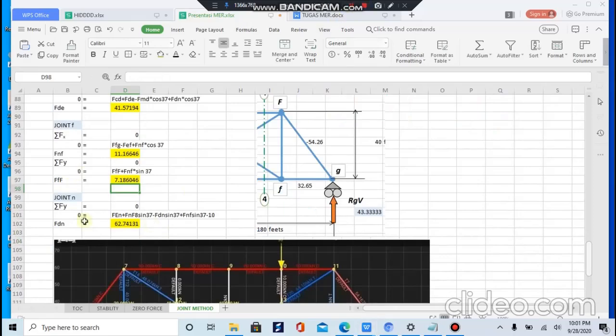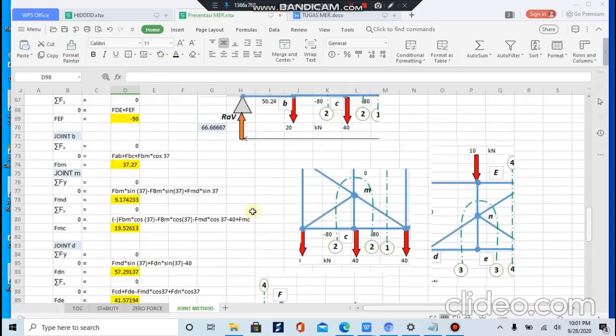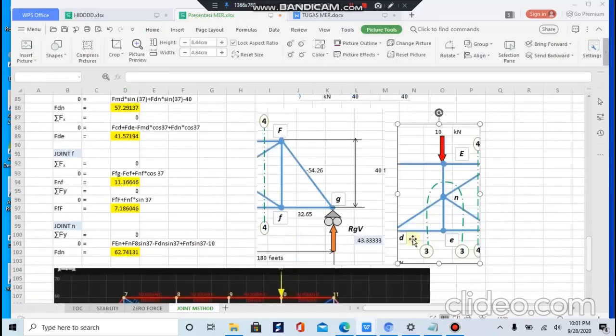Okay, for the last one is joint N. Here is joint N. Joint N, the sigma Fy is equal to 0, so 0 is equal to FEN plus FNF sin 37 minus FDN sin 37 plus FNF sin 37, minus 10.